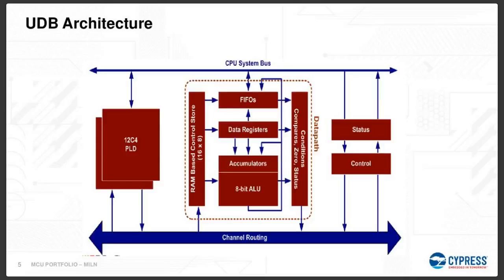In addition to this little micro engine, which we call the data path, we have PLD logic. This is the same kind of logic that you would see in a CPLD. They're the equivalent of 8 macro cells per UDB, and it's broken up into groups of 4.